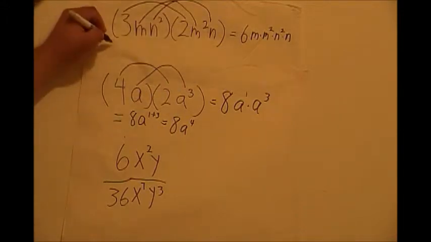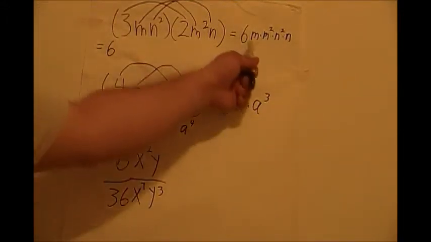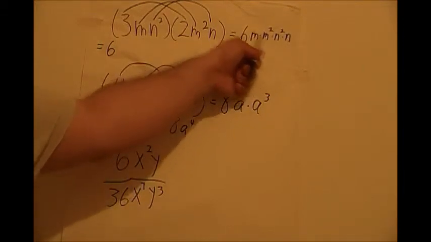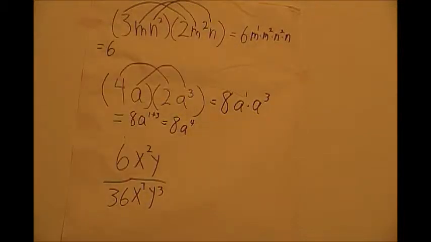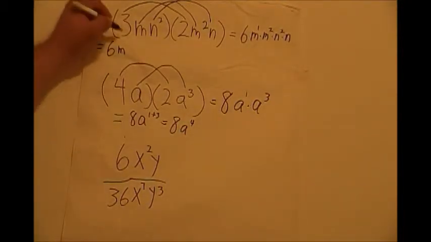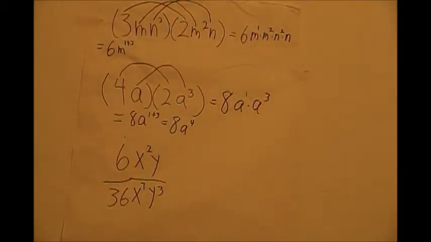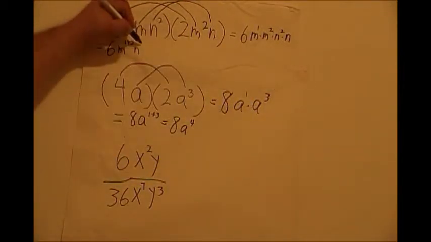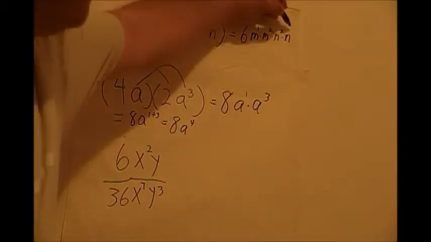So let's bring down the 6 here, okay? Let's multiply the m's together, alright? So that's going to be m to the 1st power times m to the 2nd power, so that's going to be 6m to the 1 plus 2 power, right? Add those two together. And then we have n squared times n to the 1, right?